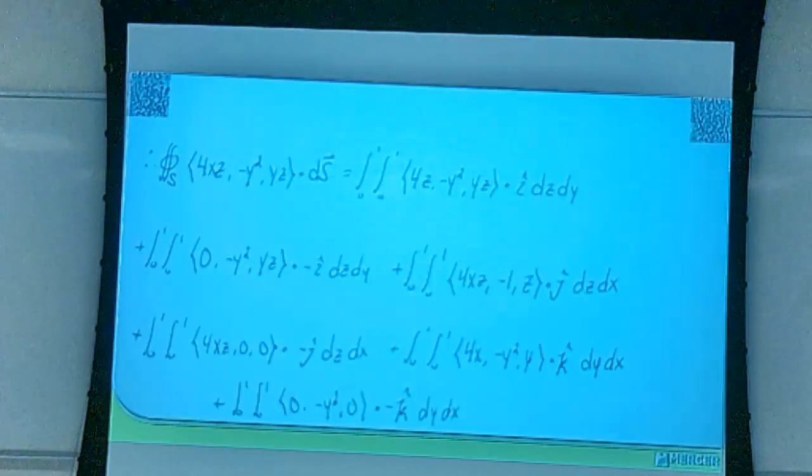Okay. Oh, right, because of symmetry. Isn't that first dot product just 4z? Yeah.